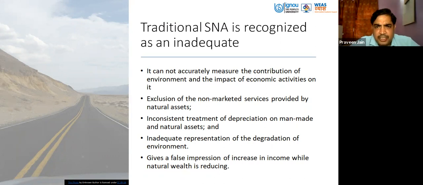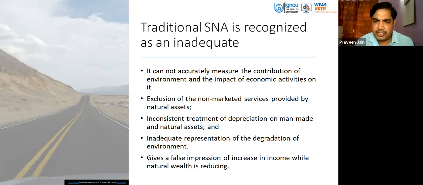And then in the traditional system of national accounting, there is an inconsistent treatment of depreciation on man-made and natural assets. There is no single correct method of calculating depreciation.